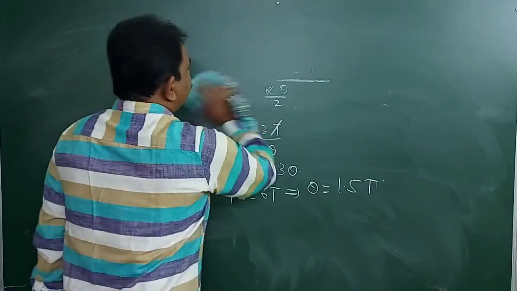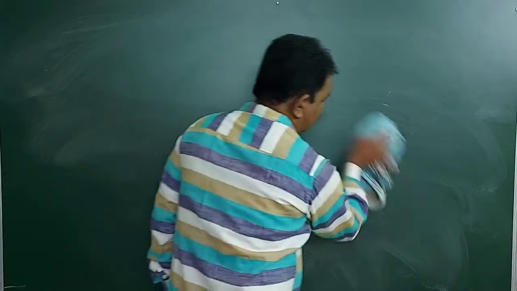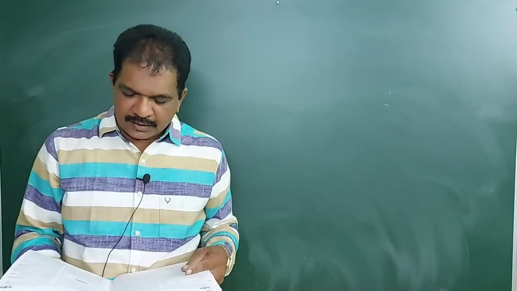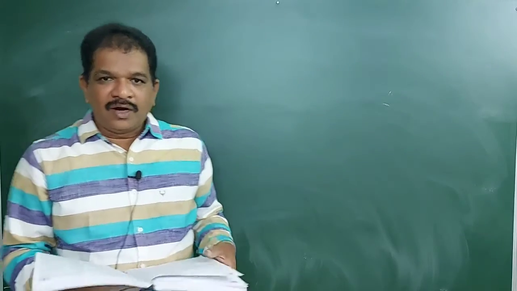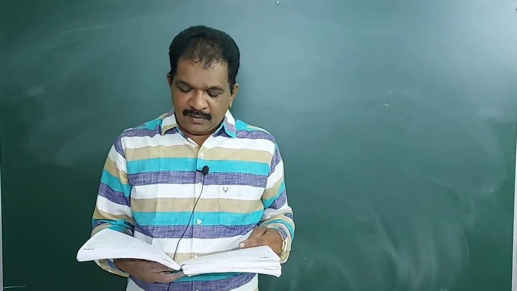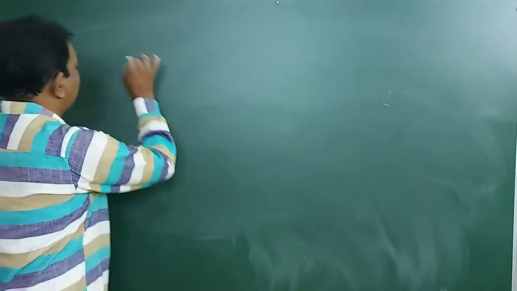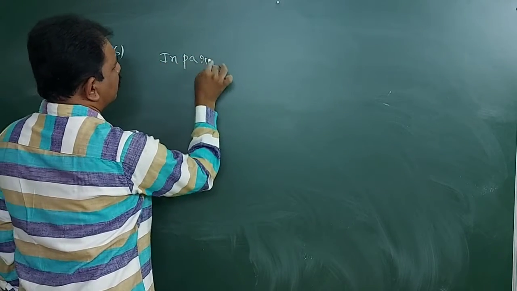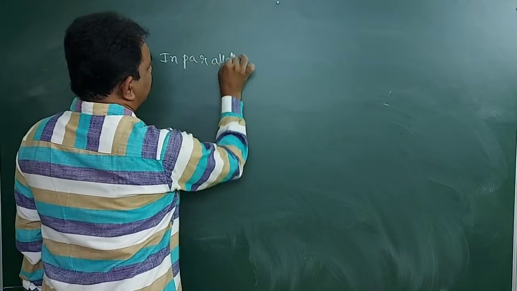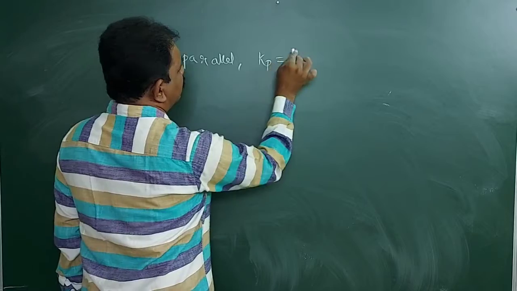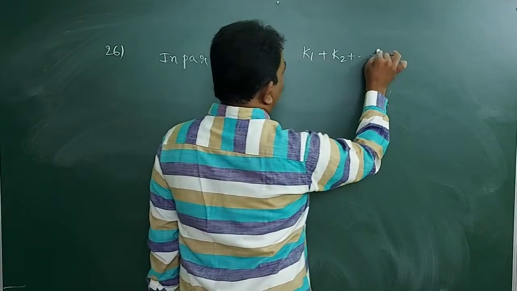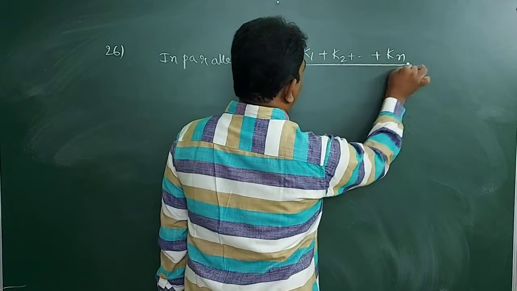26. Two rods are connected in parallel. So in parallel, Kp is equal to (K1 plus K2 plus so on Kn) by n.